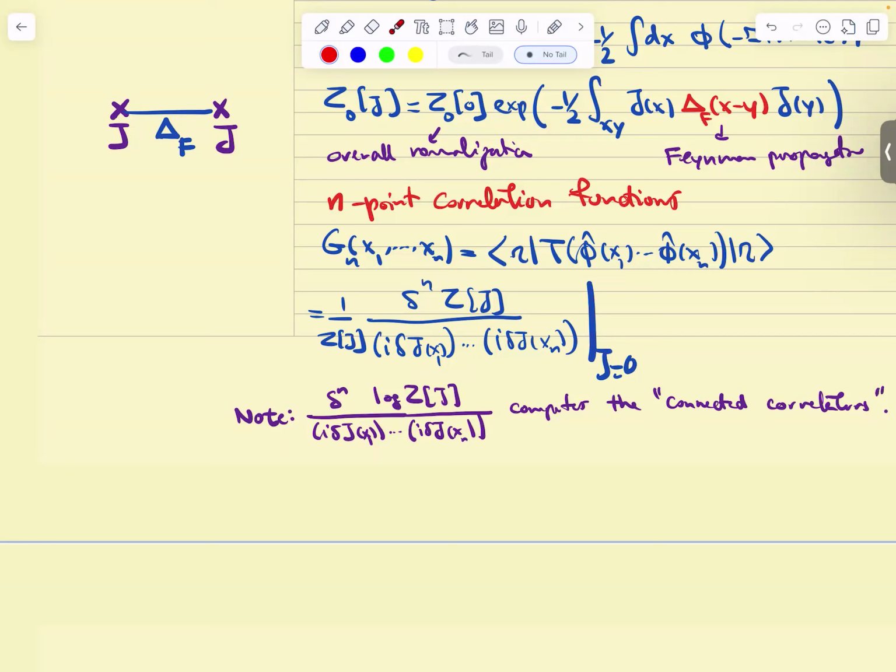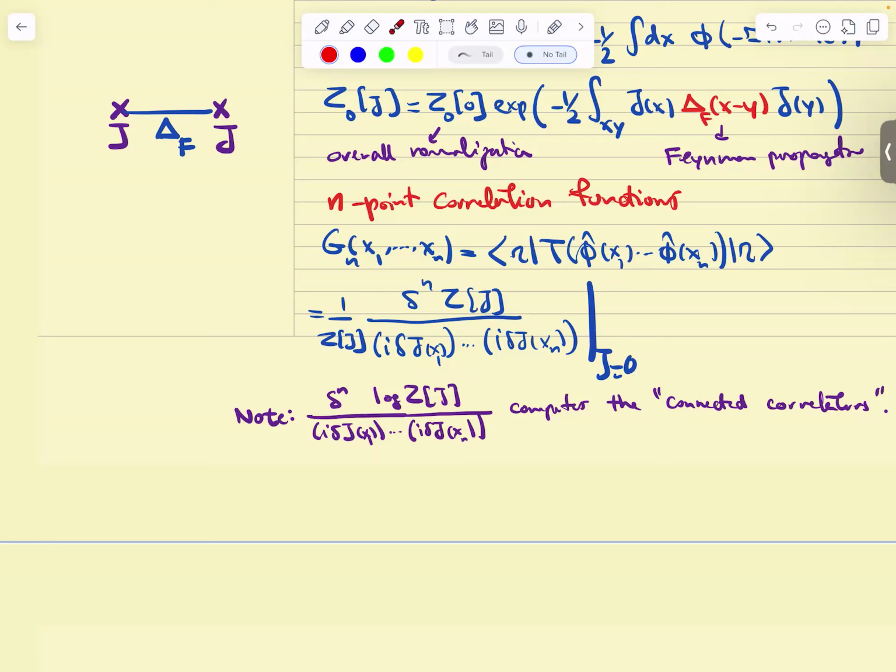What did the 4-point function look like in free theory? What were the Feynman diagrams? Exactly. Here it is. This is G4, before you transform it. Here are 4 points. There was this, this, and this. Are these graphs connected? No, they're not connected.